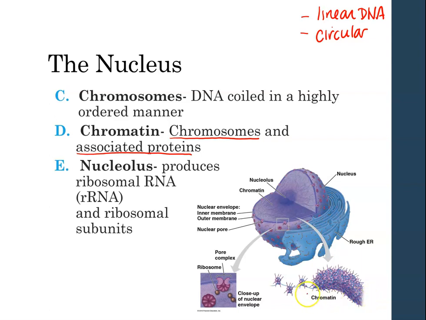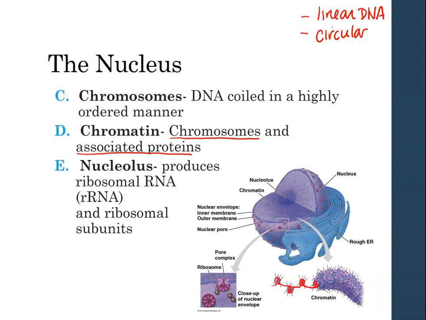There's a little picture down here in the corner. This blue strand is the DNA, and these little purple spiky guys are the proteins that the DNA is wrapped around, and they help to compact it in a very precise way.